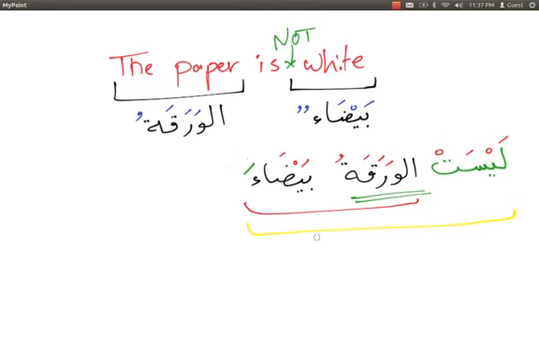Now, this is one sentence. Let's go for another example. I'm going to write the Arabic sentence from the start, since we are only learning how to negate any sentence we do. So you construct a sentence as we did in the previous lessons, and then you negate it. So I'm going to take another sentence.